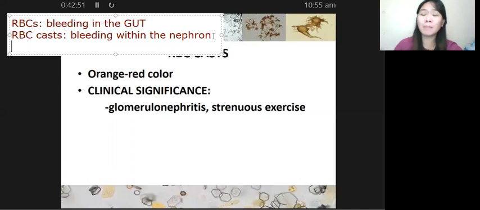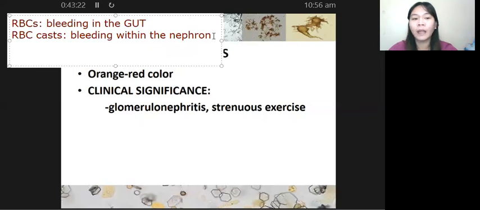Okay? Ayan, remember saan ba na-form ang ating cast? 'Di ba? Ayan, sa kidneys. Okay? And so, kung may bleeding doon sa ating nephron, ma-enmesh, matatrap yung mga RBCs natin doon sa casts. Alright? Kaya very specific. Inuulit-ulit ko, specific po ang Rbc casts sa ating nephron or sa ating kidneys. Okay? So, yan po. Alright.